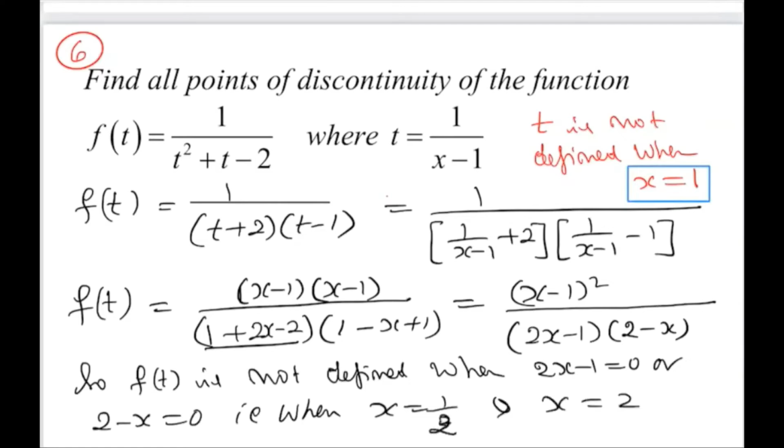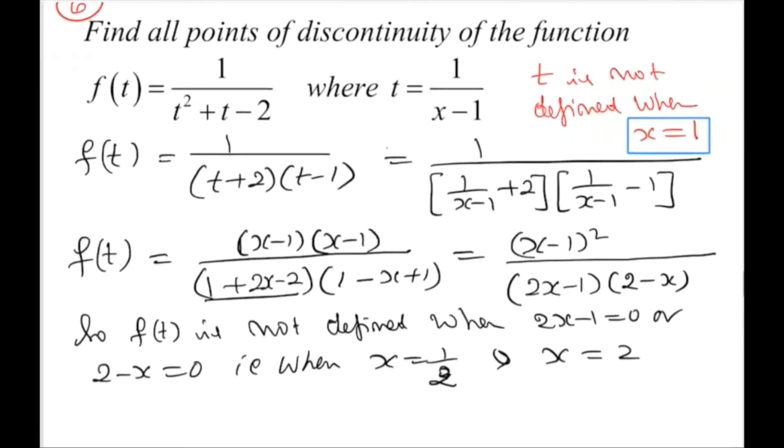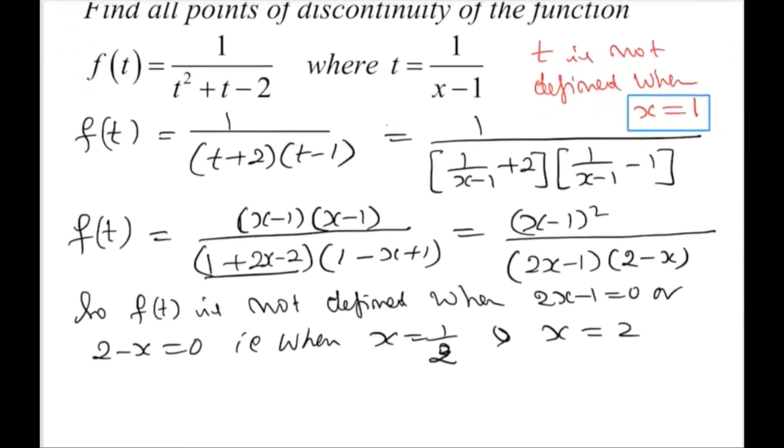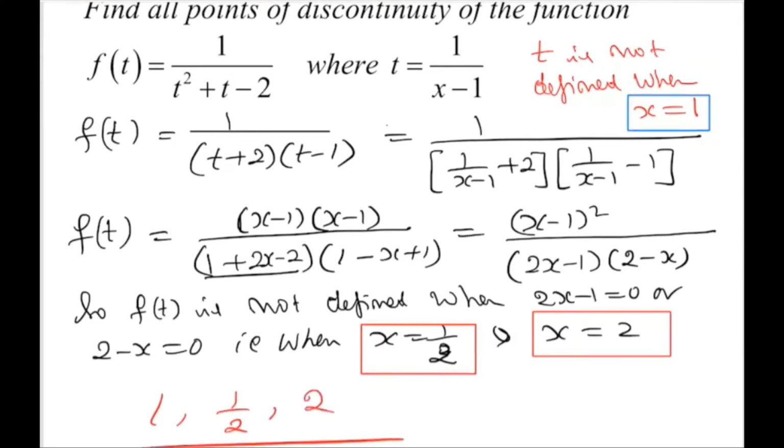So once the function is not defined, it cannot be continuous at that particular point. So we have 3 points of discontinuity for the given function. The points of discontinuity are 1, 1 by 2, and 2. These are the 3 points of discontinuity.